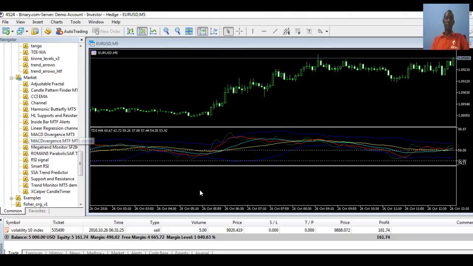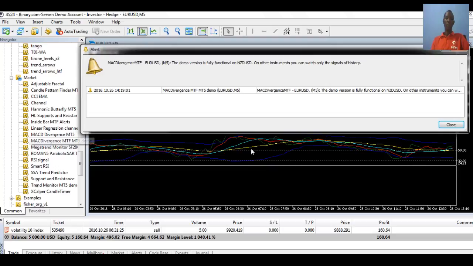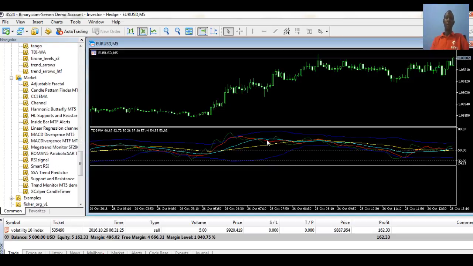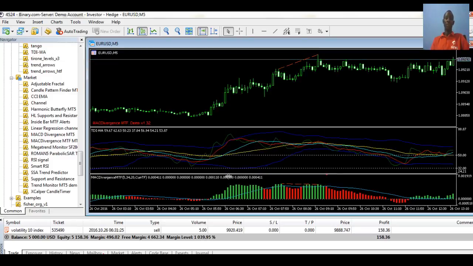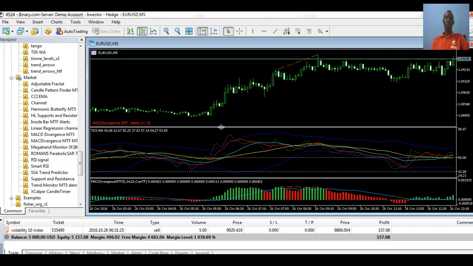So we put in MACD divergence as well. It's going to come up now. The thing I love about these two indicators is that they will actually be giving us signals, which is very, very lovely. It will be giving us signals we can be using.